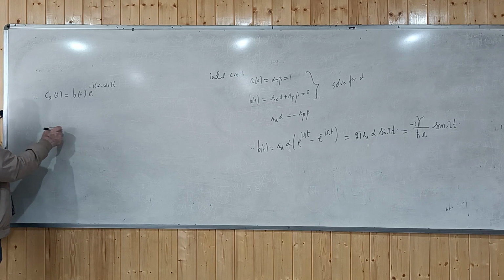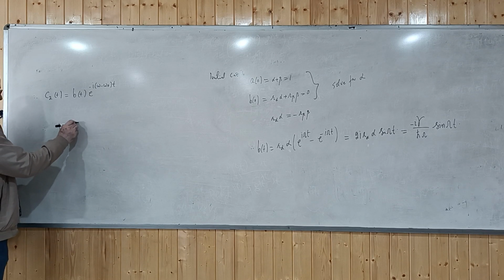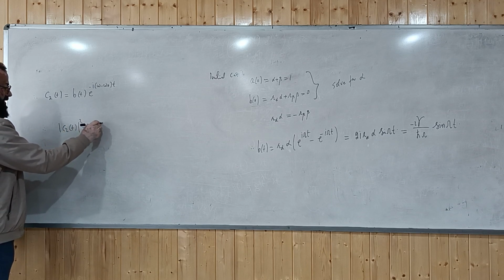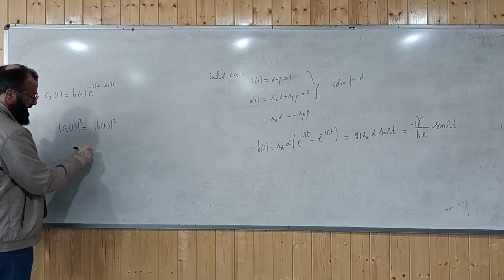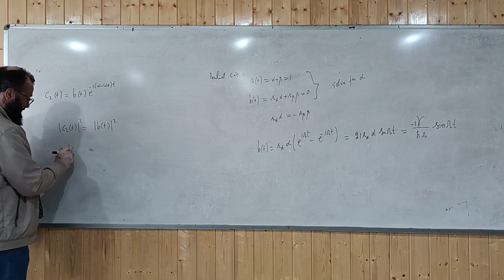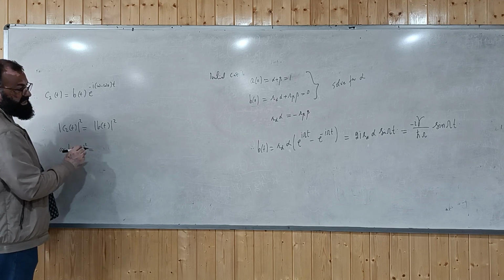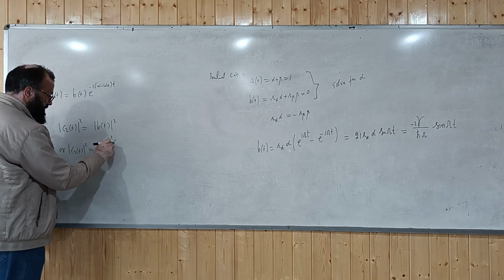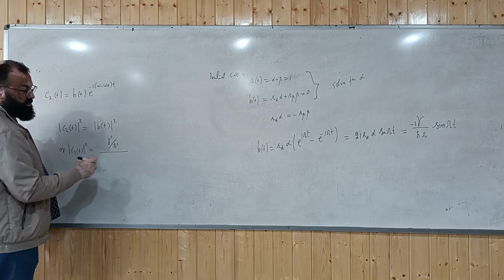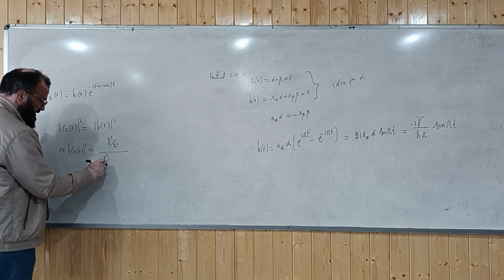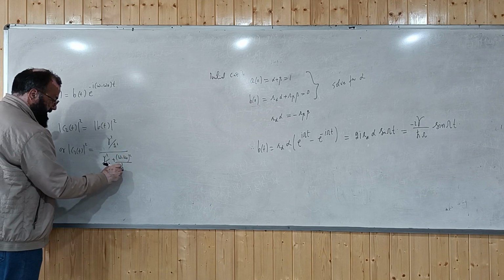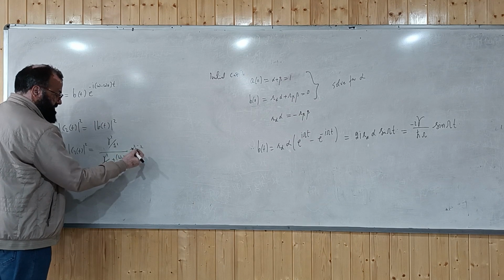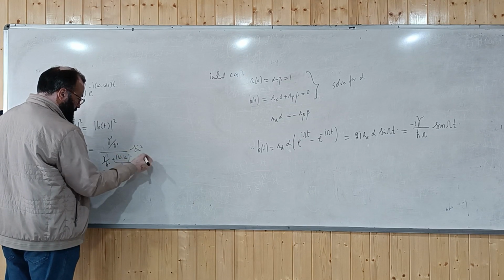So the probability of finding the particle in the state 2, that is C of 2 square. What is that? Simply mod of B of t square. Mod of this is 1. So mod of I is equal to 1. It is simply gamma square by h cross square, divided by omega square. That is gamma square by h cross square plus omega minus omega naught whole square by h cross square, sine square omega t.